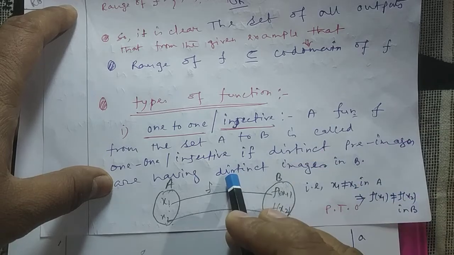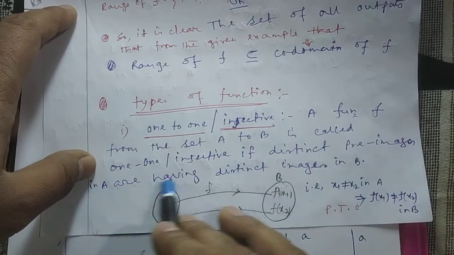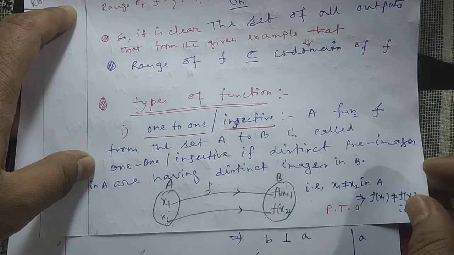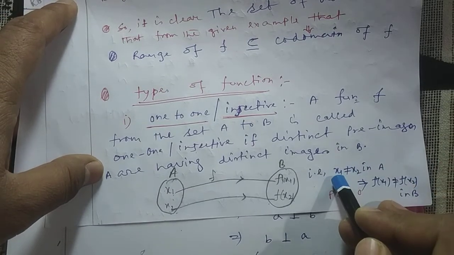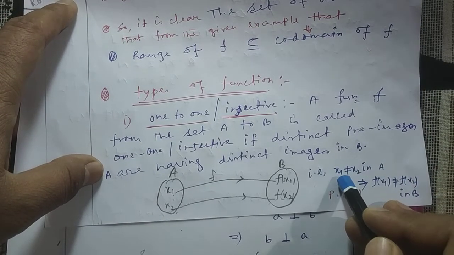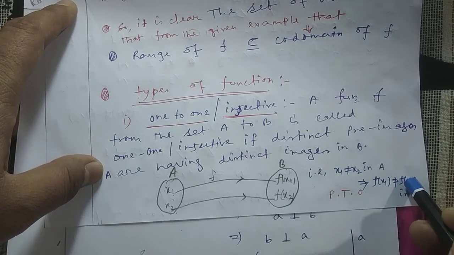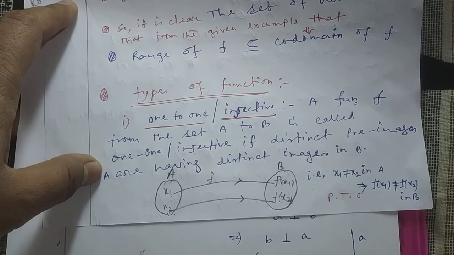What is told here? If distinct preimages in A are having distinct images in B, then f will be called injective. That means if by somehow we can prove x1 not equal to x2 in A, implying that f(x1) not equal to f(x2) in B, then f will be injective or one-to-one.